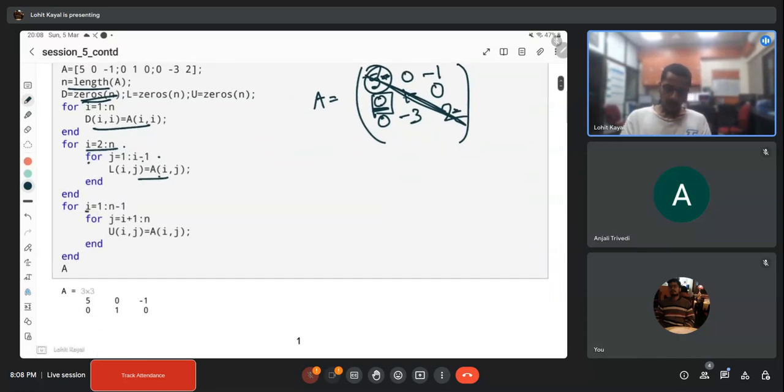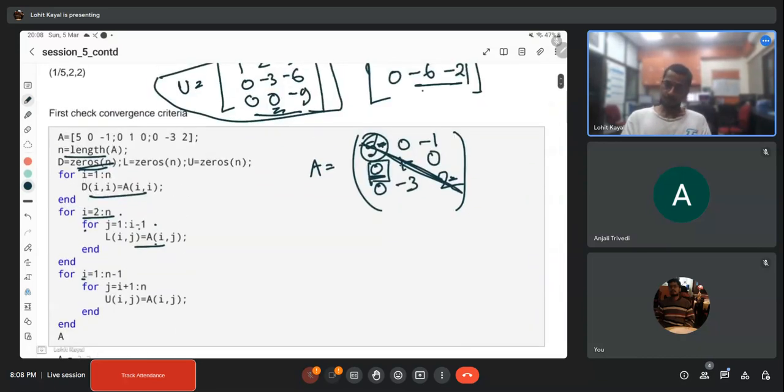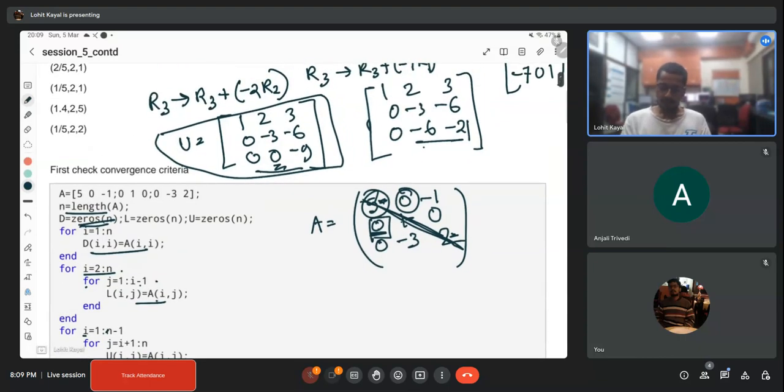End, and then i equal to 1 to n minus 1. Now I am starting from here for this 3 by 3 matrix. I am going to n minus 1, because at i equal to n there is already the diagonal element. I am ending my code at the n minus 1th row.